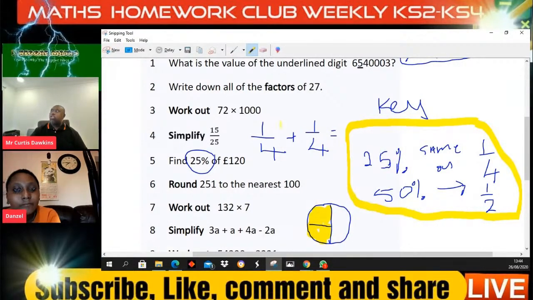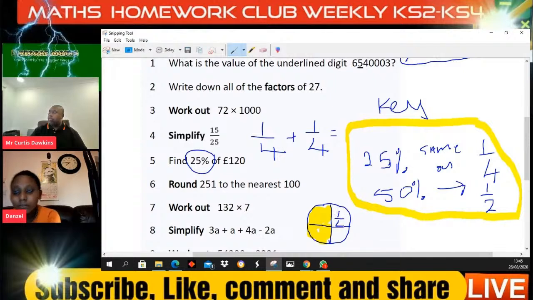I split it into 2. What does each of these represent? The full bit represents a half. If I split this up, what does just this bit represent? A quarter.